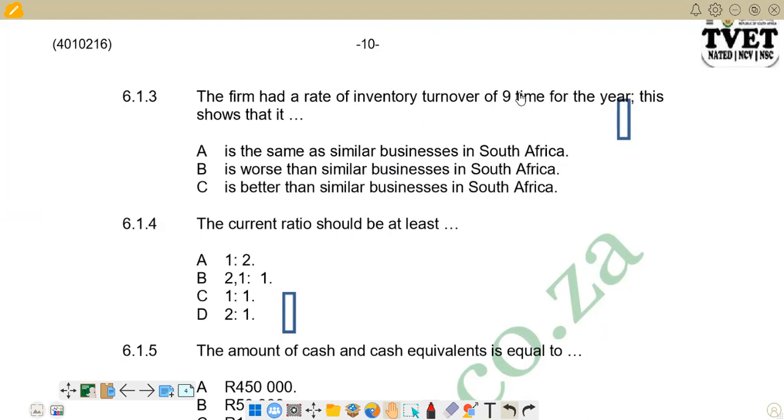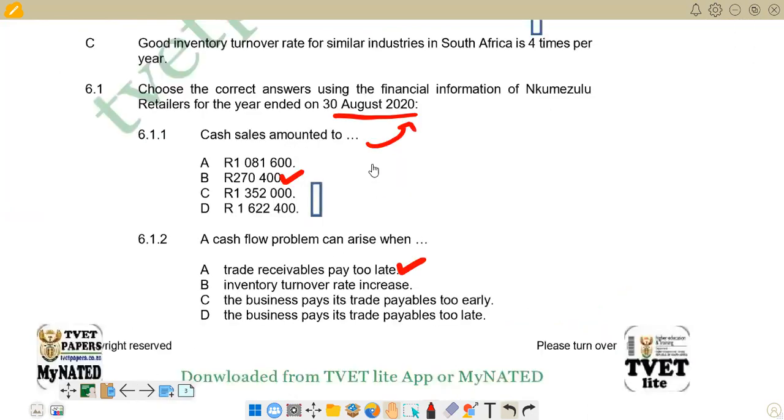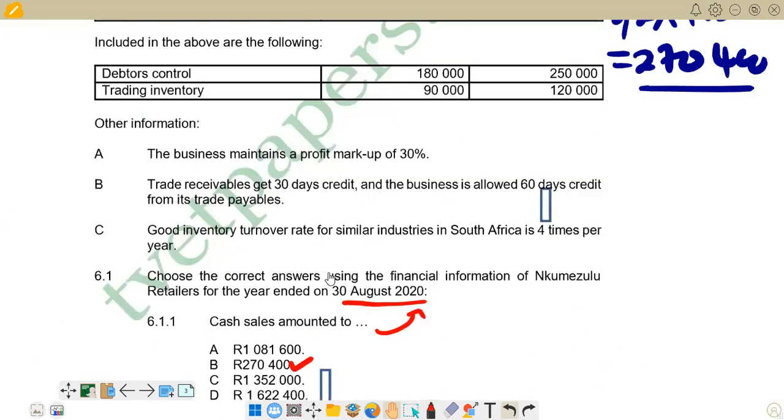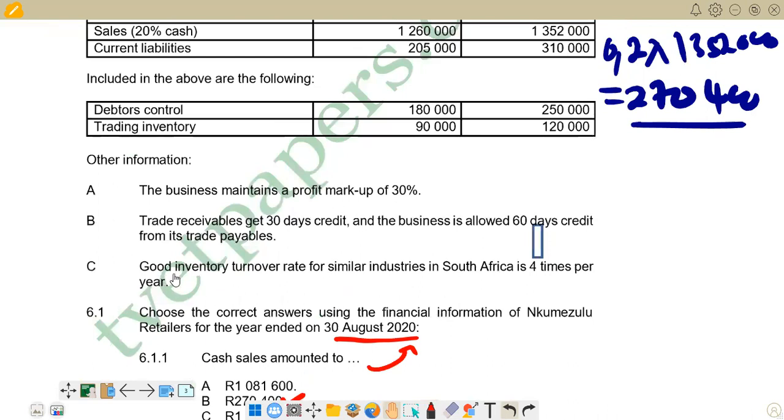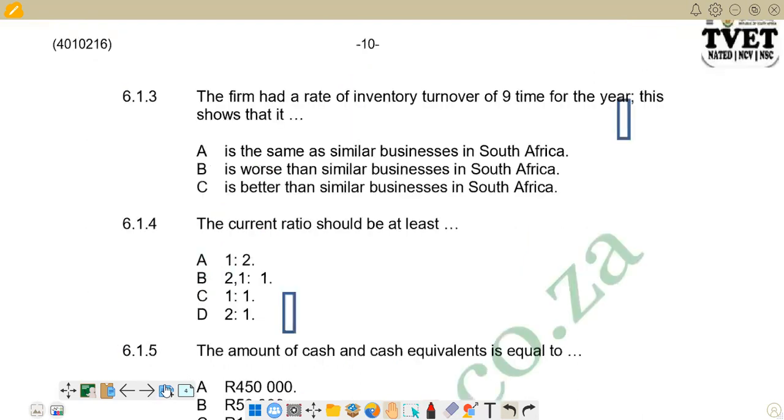We are told that this firm has got 9 times. So we check the average of the business in South Africa in the question. You see that we are given here a good inventory turnover rate for similar industries in South Africa is 4 times per year. So this one is 4 times, and we are comparing it with the firm which has 9 times.